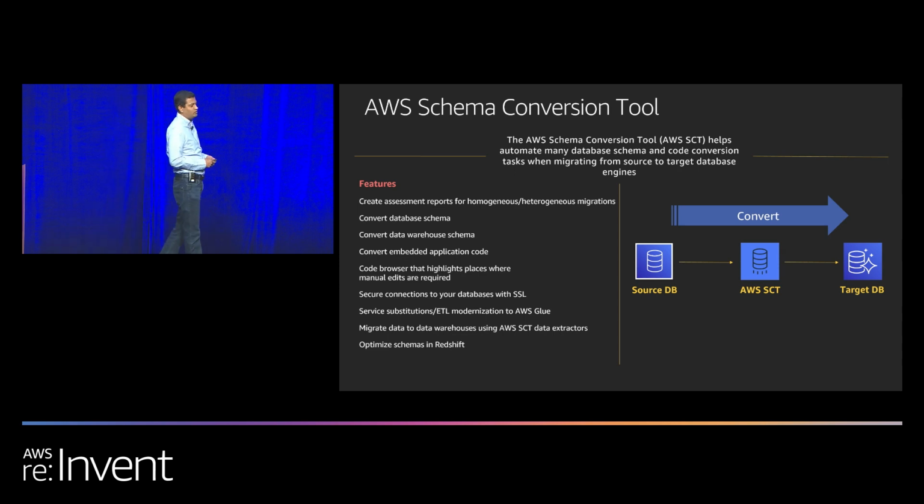It also helps you with ETL modernization, where your existing on-premise ETL jobs you can migrate to Amazon AWS Glue, which are compatible with Redshift. It also helps you migrate data to the data warehouse, Amazon Redshift. The solution using SCT has a data extractor agent, which extracts data from your source data warehouse and helps you migrate data to Amazon Redshift.